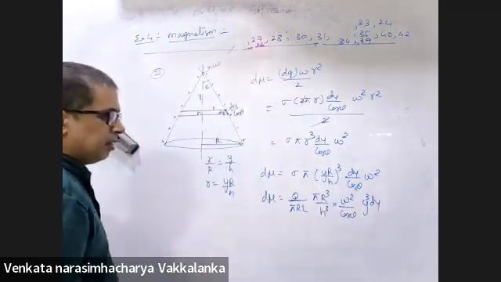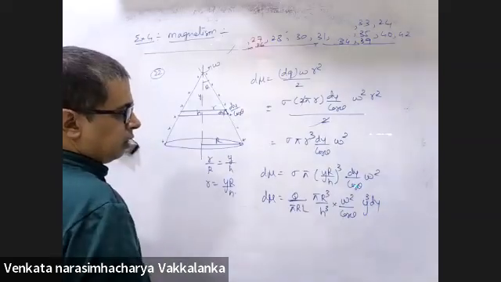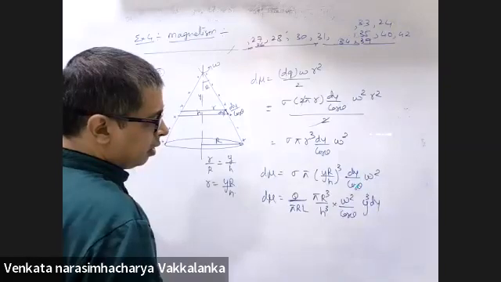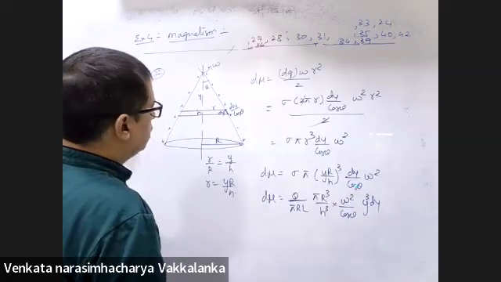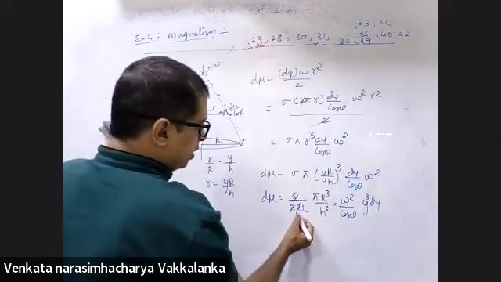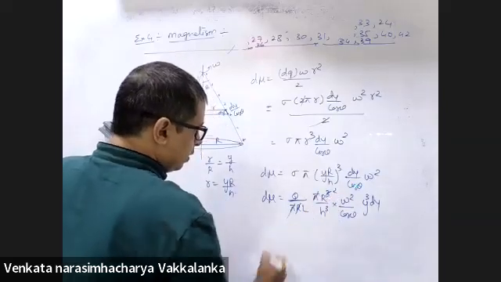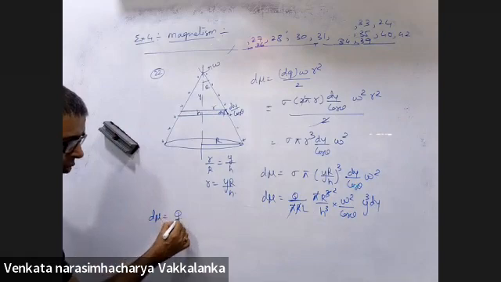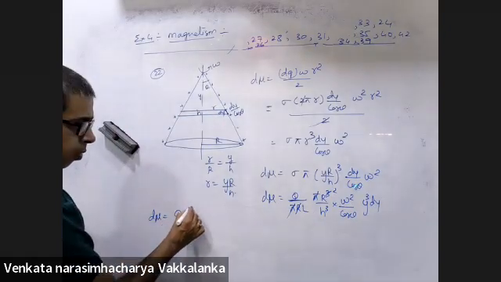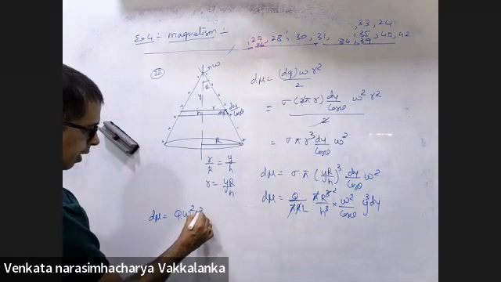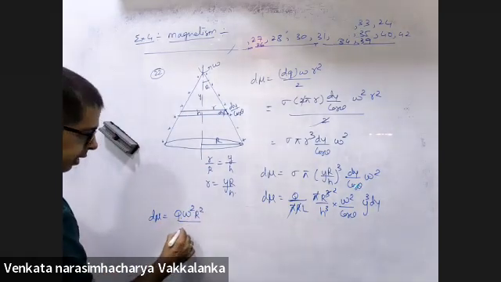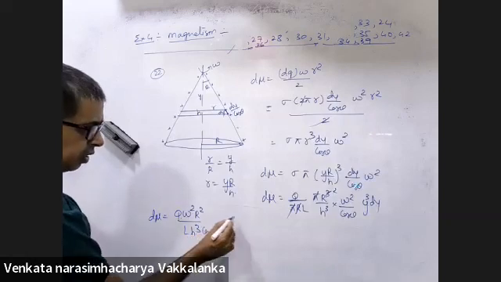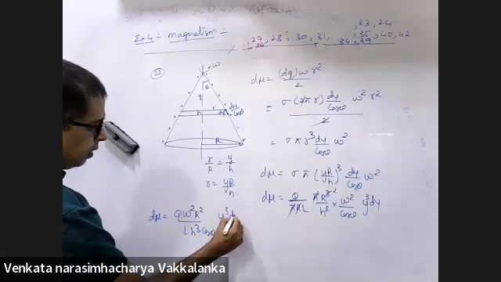Sir, capital R also you have to eliminate, it is not in the question. Capital R, we will eliminate that. Pi will go, that won't be an issue. d mu is equal to Q omega R square by L h cube cos theta y cube dy.